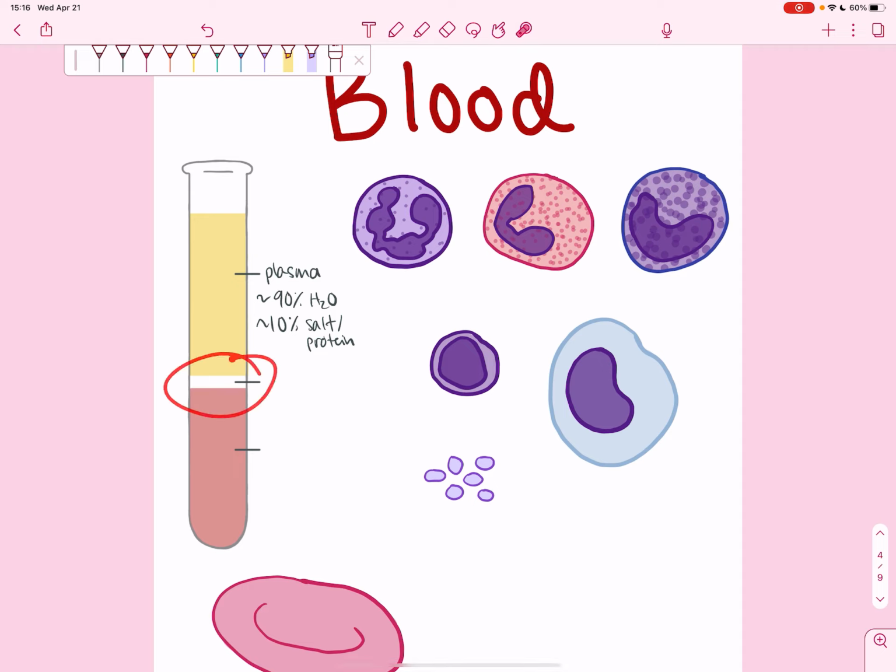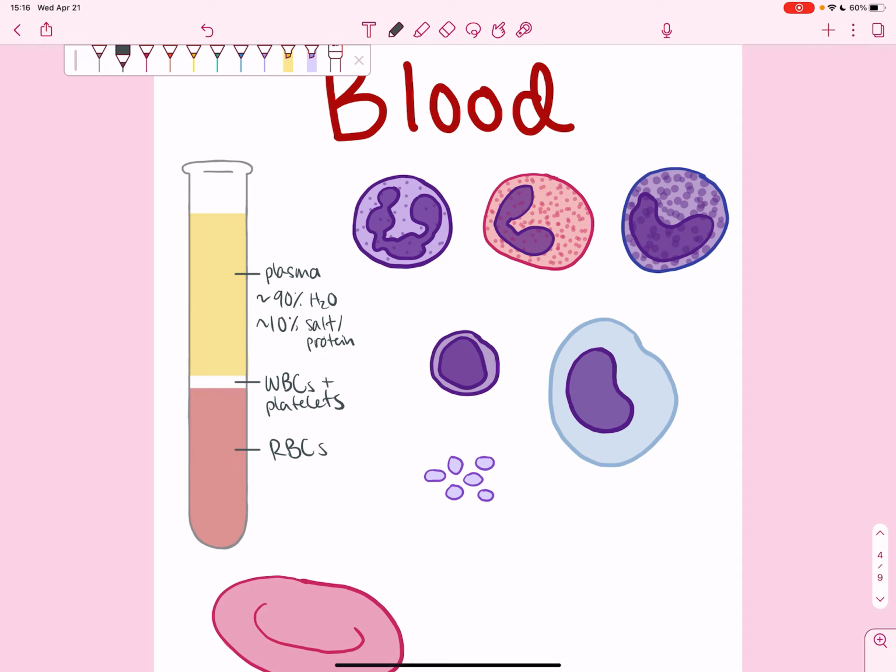This white part here, key that it's white because it contains white blood cells and platelets. So let's say WBCs and platelets. And finally, the red portion down here, as you can probably guess, is your red blood cells.